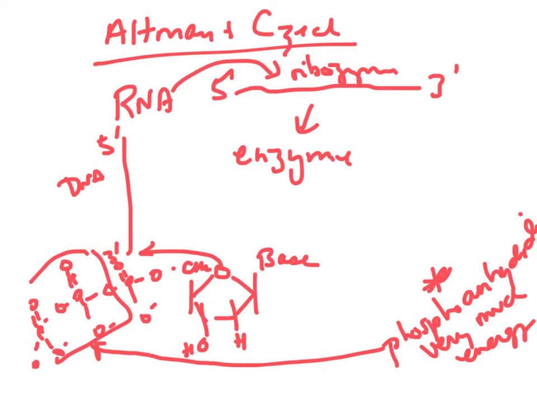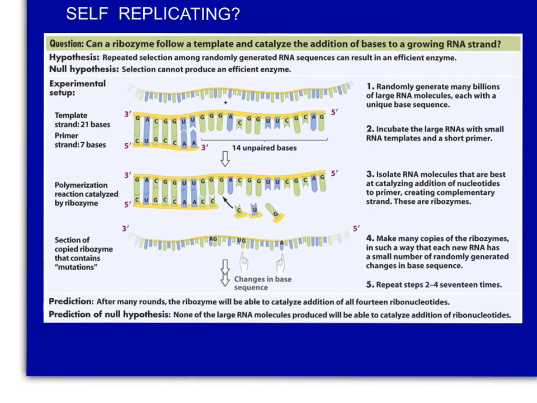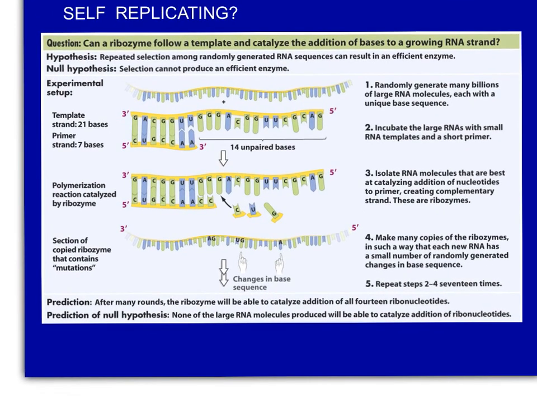Well, how did they do the experiment? So this is another experiment that I would like you to be able to explain, and let's just walk through it. At the top you see that in their experimental setup they have some random sequence of RNA. They've just generated them randomly by putting together a whole bunch of RNA nucleotides.